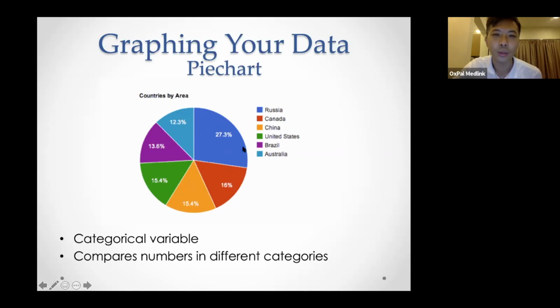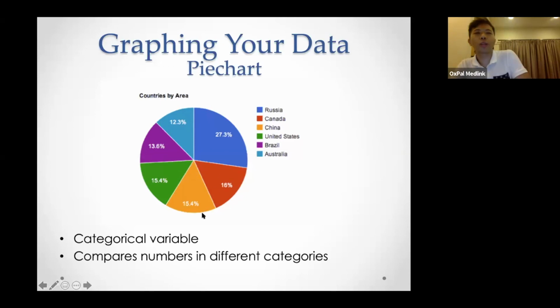It shows quite clearly that Russia has the largest area among all other countries represented on this pie chart. And this is for a categorical variable, the one that is country. Country has many categories, and we compare the numbers in the different categories.